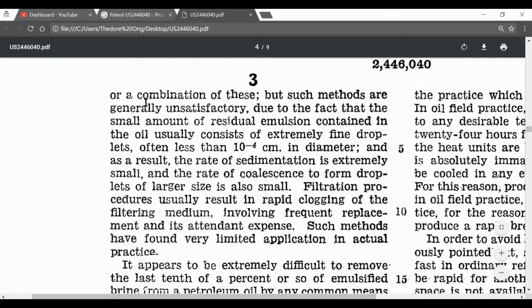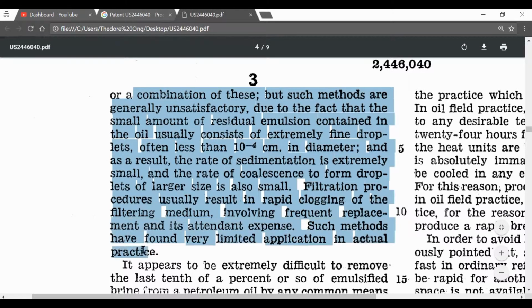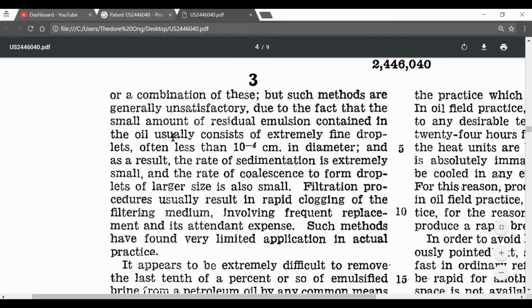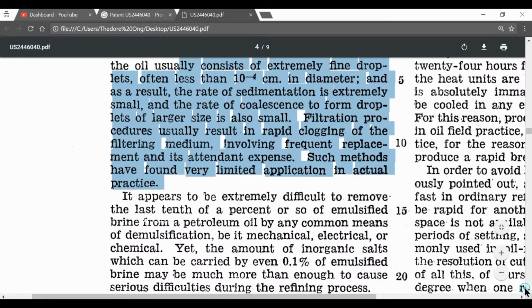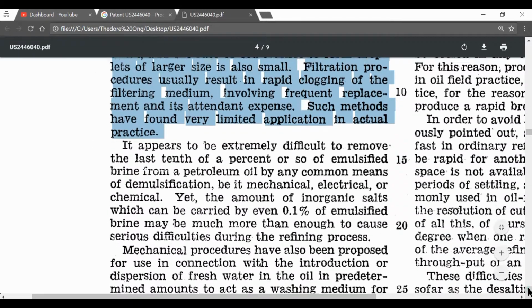So the difficulty of getting the remaining 1% and less is due to the reasons highlighted in blue here. So you can read up more. I'm not going to go through everything now, it'll take horribly long.